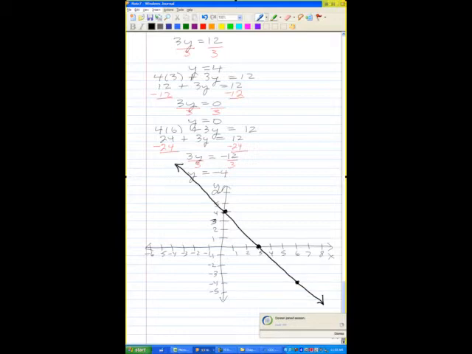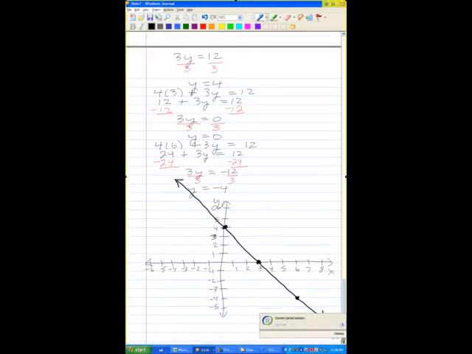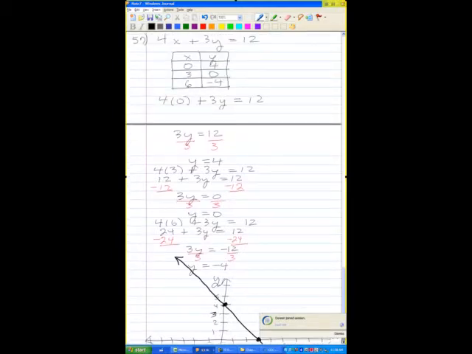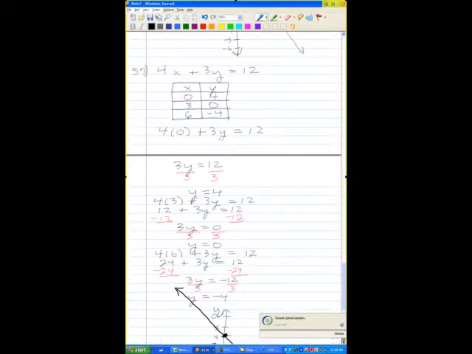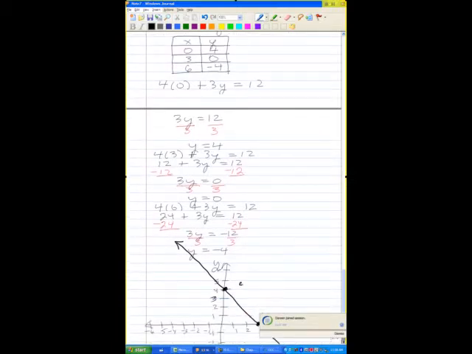And that is the graph of 4x plus 3y equals 12. Okay?